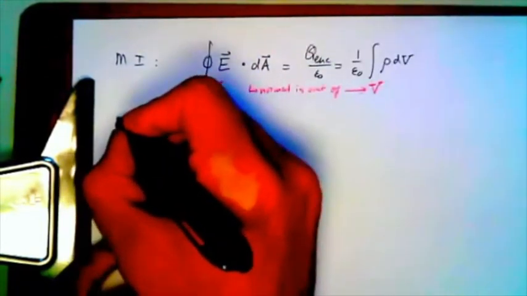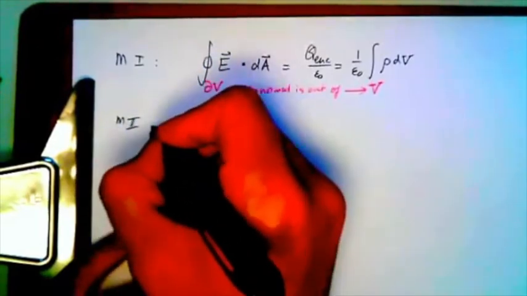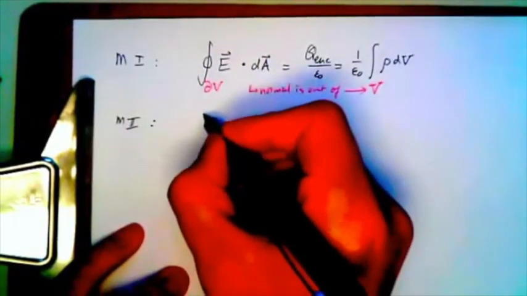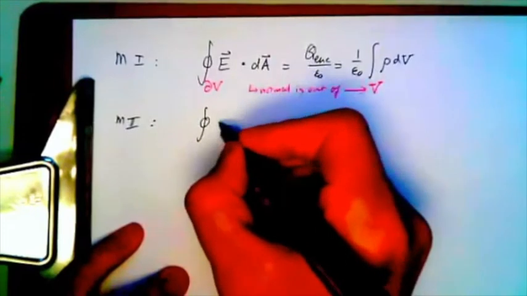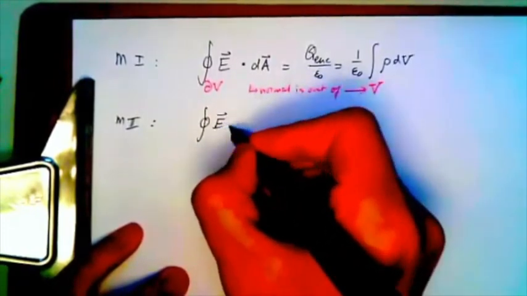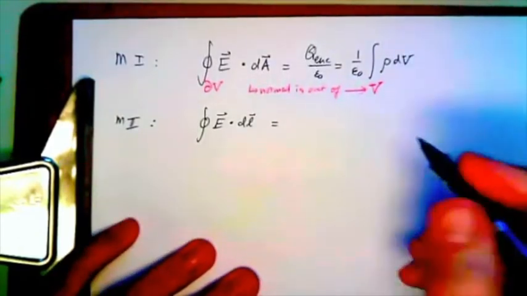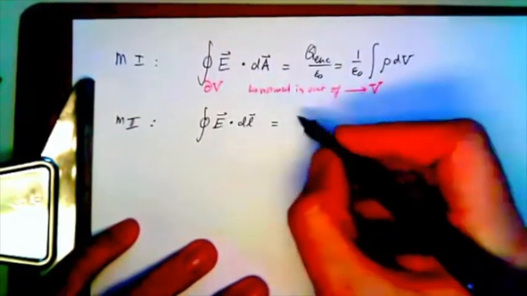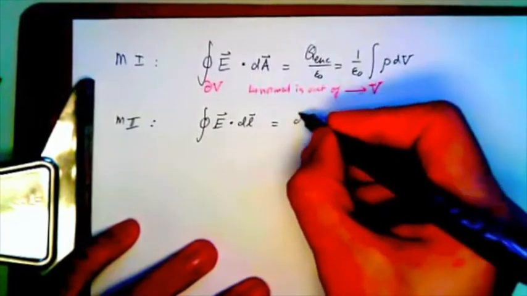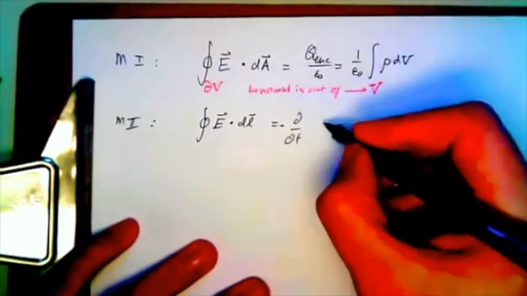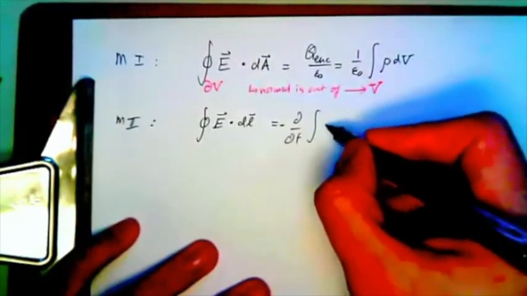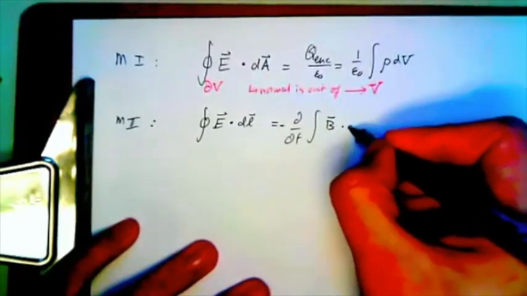Now, Maxwell 2 says that if we take a stroll through an electric field, we originally had 0 here, but we made a change and we added a magnetic field, and that was minus d/dt of the integral of B dA.